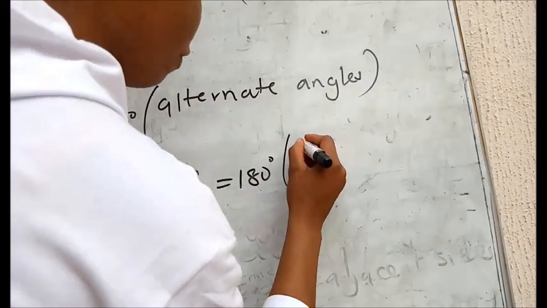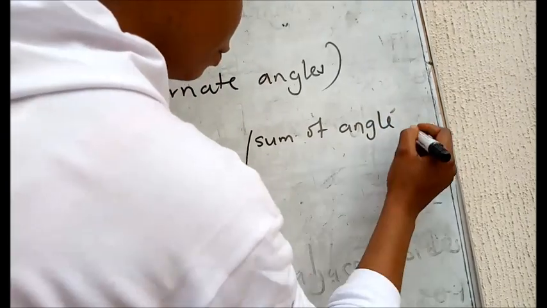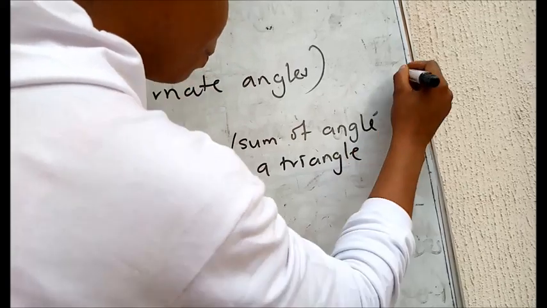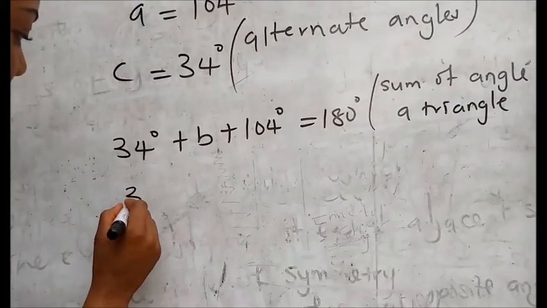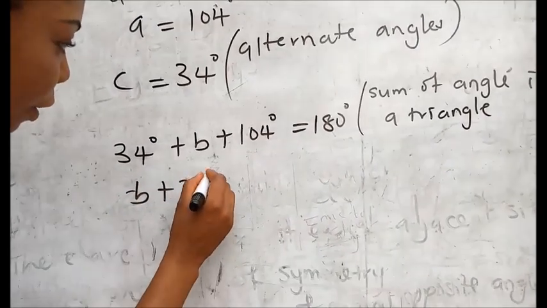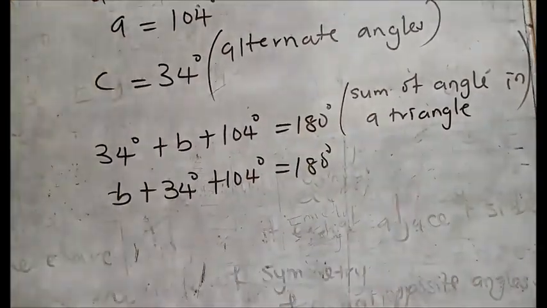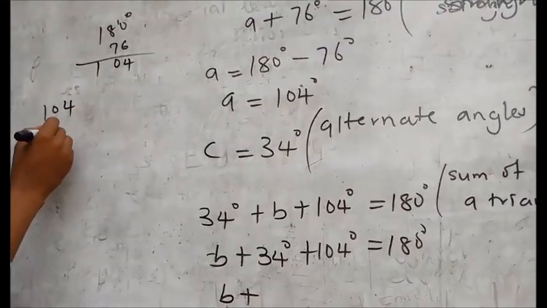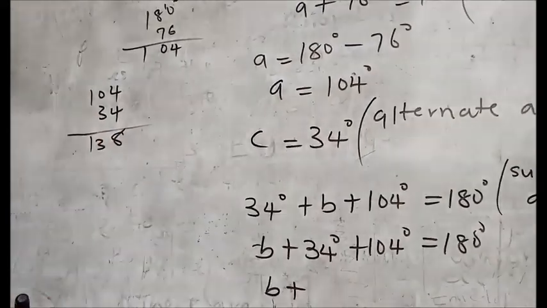Reason: sum of angles in a triangle is equal to 180 degrees. So I'll collect like terms. B plus 34 degrees plus 104 degrees equals 180 degrees. 104 plus 34: 8, 3, 1.